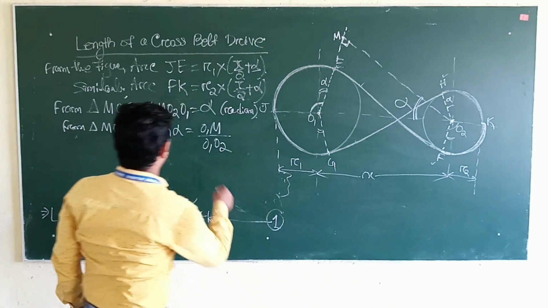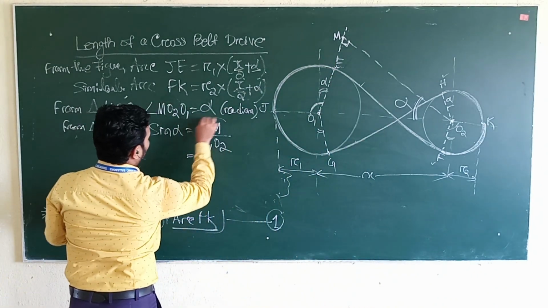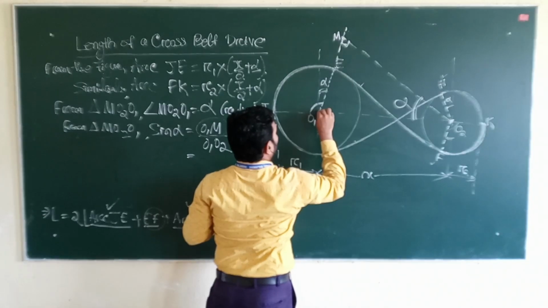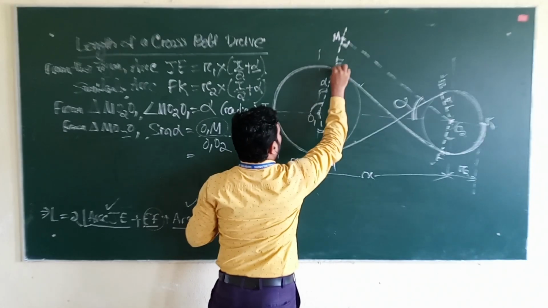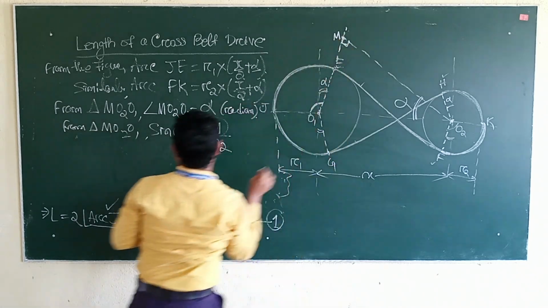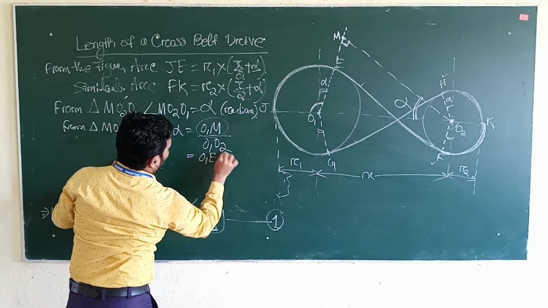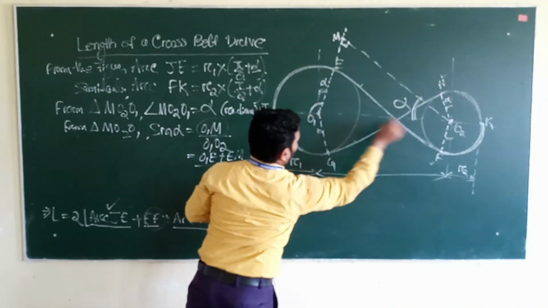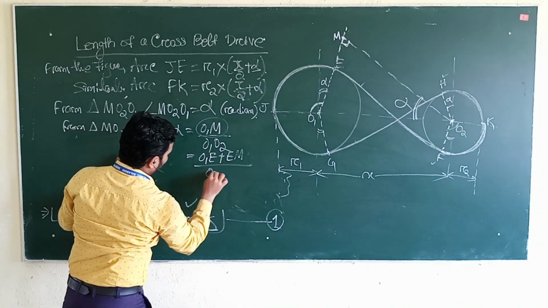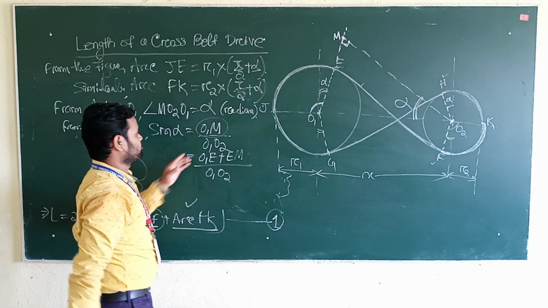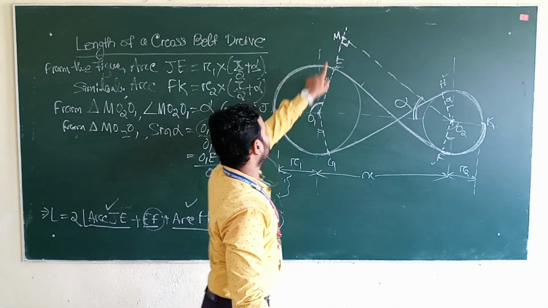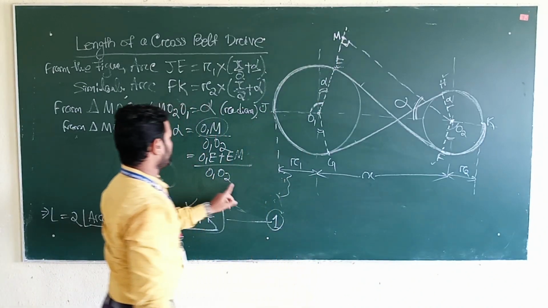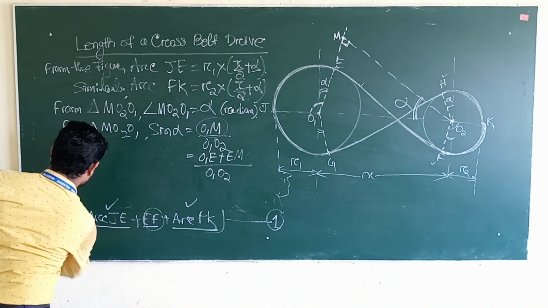M O1 divided by O1 O2. So what is the value of O1M? O1M is equal to, we can write O1E plus EM, divided by, in place of O1 O2 we will write simply O1 and O2. O1M means O1E plus EM divided by O1 O2.